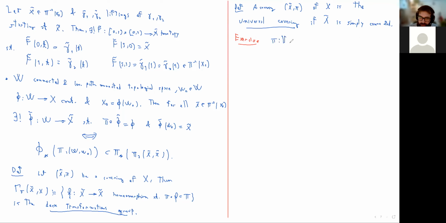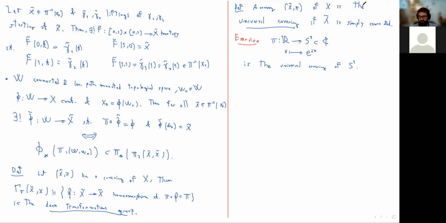The map that goes from R to S1, where we think of S1 as a subset of C, that sends x to e to the ix, is the universal covering of S1. I mean, prove that. Yeah, the exercise is to prove that this is the case.